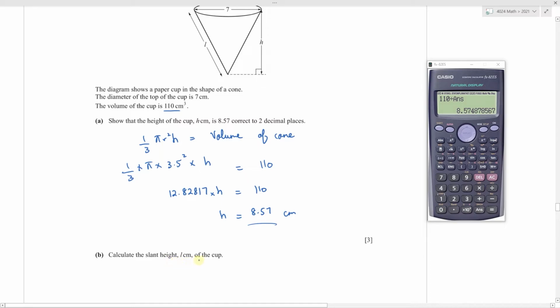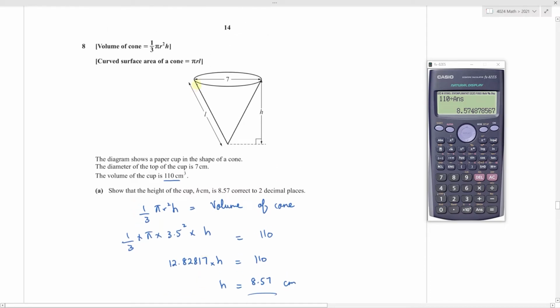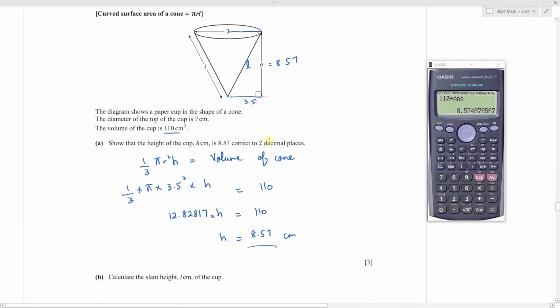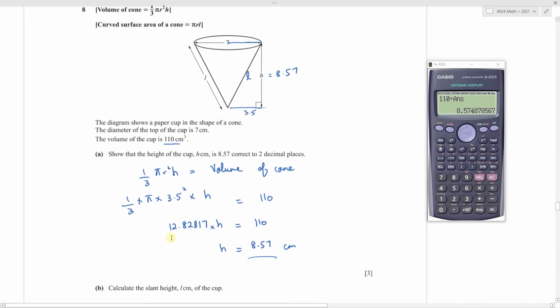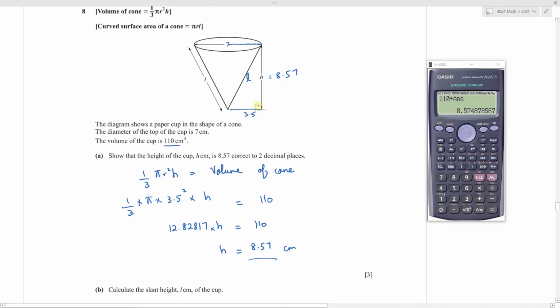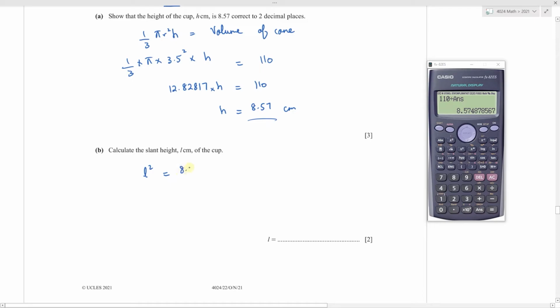Calculate the slant height L centimeters of the cup. So the slant height is this. If you look at this right angle triangle, this is also L. We know h is 8.57 and this is the radius from the center till this edge. So diameter is 7, so this length here is 3.5. I can use the Pythagoras theorem on this right angled triangle to find my slant height L. So L squared, the hypotenuse squared, will be equal to 8.57 squared plus 3.5 squared.